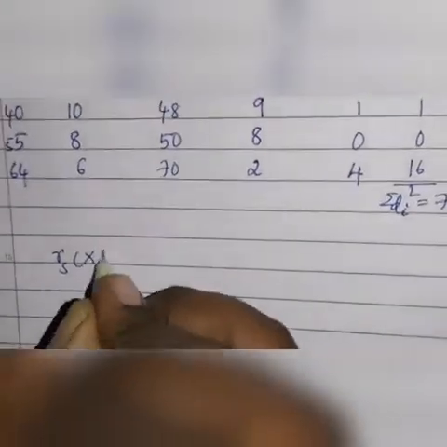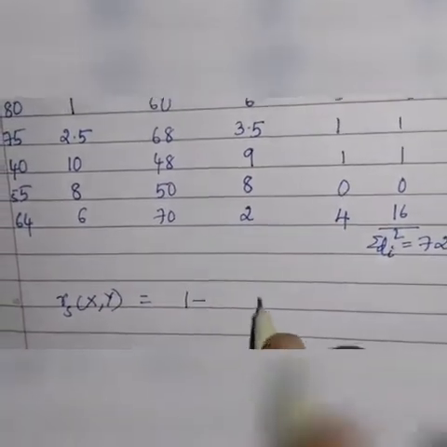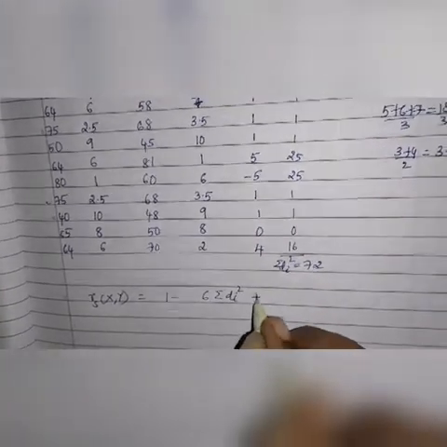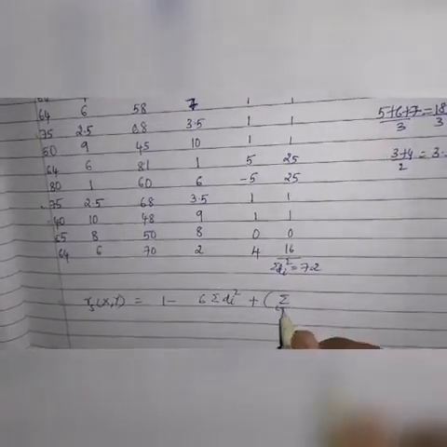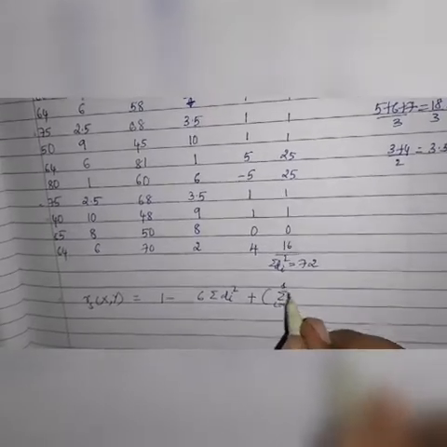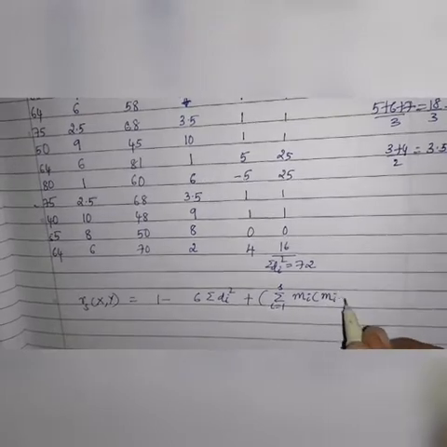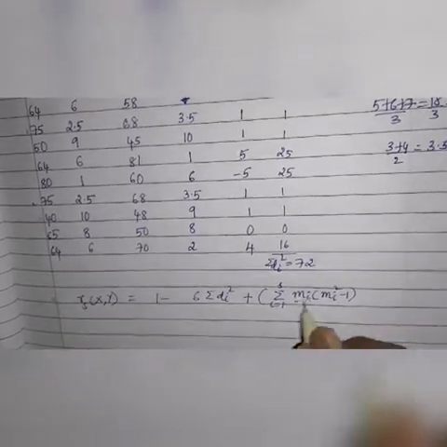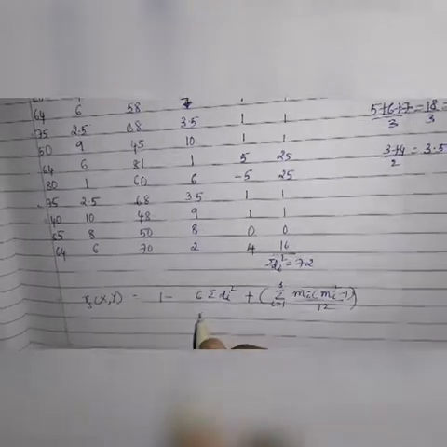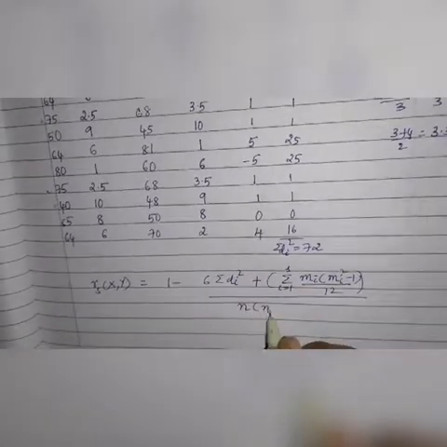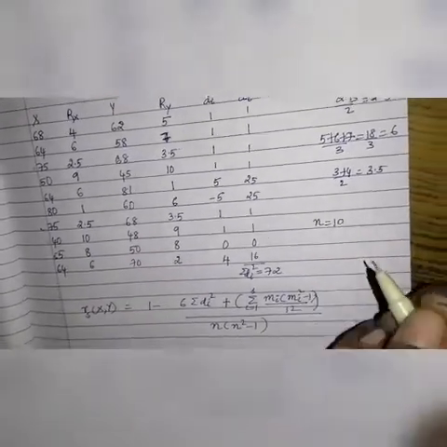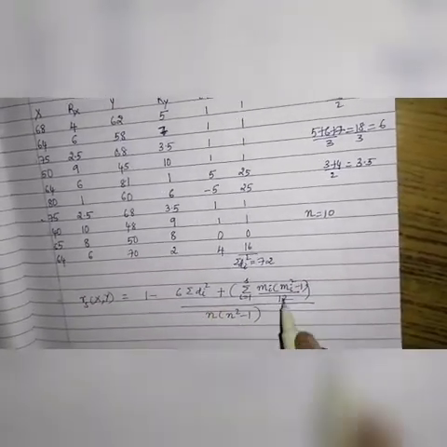The formula is 1 minus 6 into summation di square plus the summation over i equals 1 to the repeated ranks of mi, the number of times a rank has been repeated, into mi square minus 1 by 12, whole divided by n into n square minus 1. If you see, n is equal to 10, we also have di square, then we have to calculate this part. How do we calculate this part?